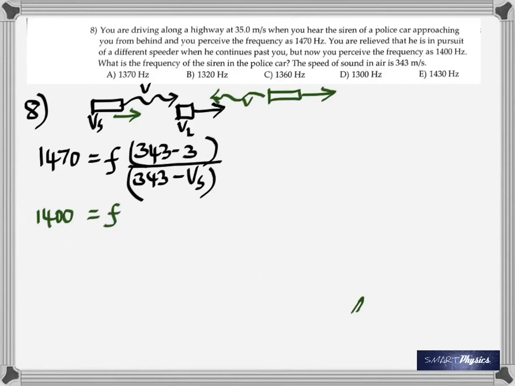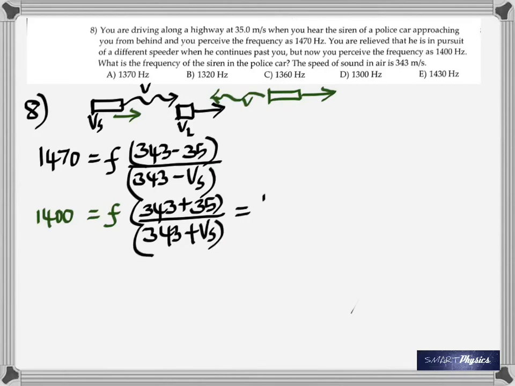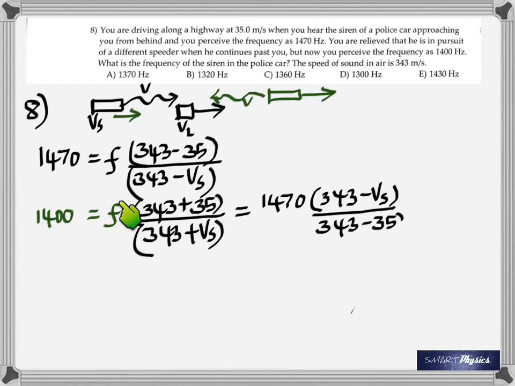And the second case, that was given as 35. In the second case, the frequency goes down, therefore it's positive in the numerator and the denominator. Because you moving away from the police car tends to keep it lower. When the listener moves toward the source it tends to increase, and the source moving away tends to decrease.